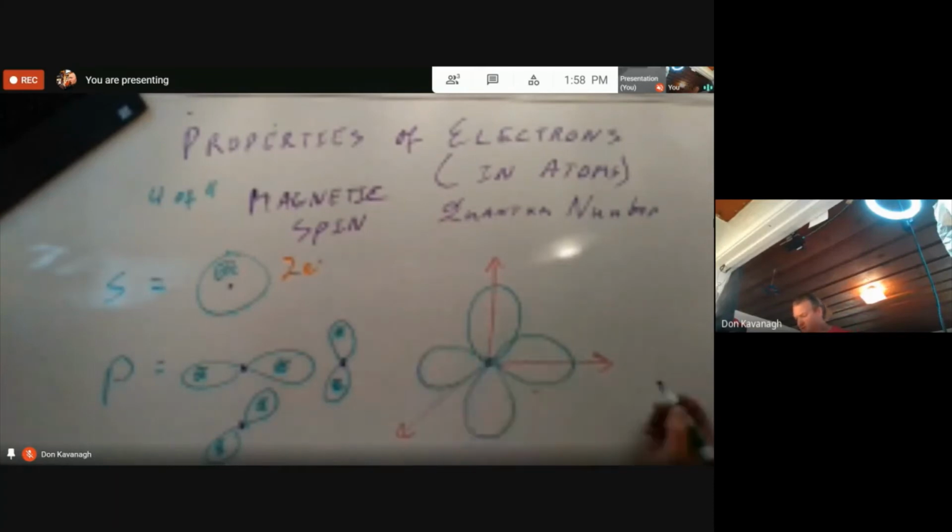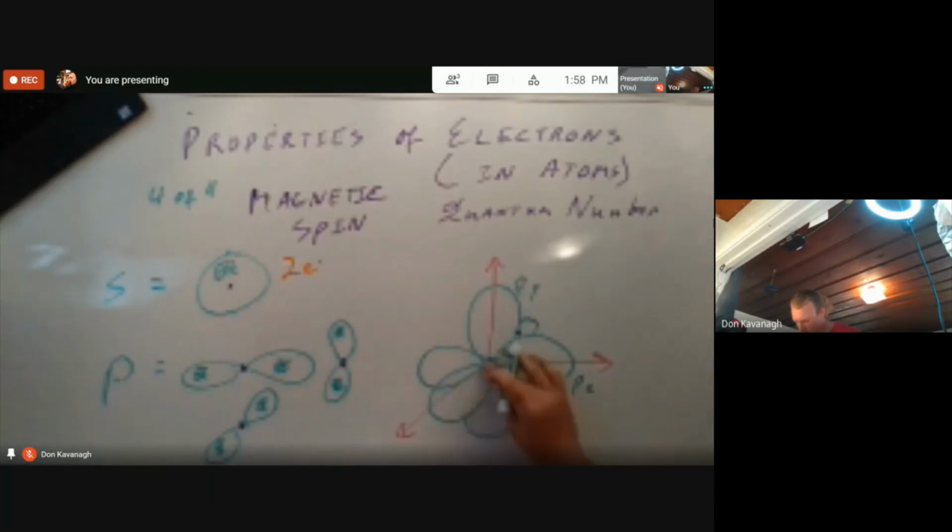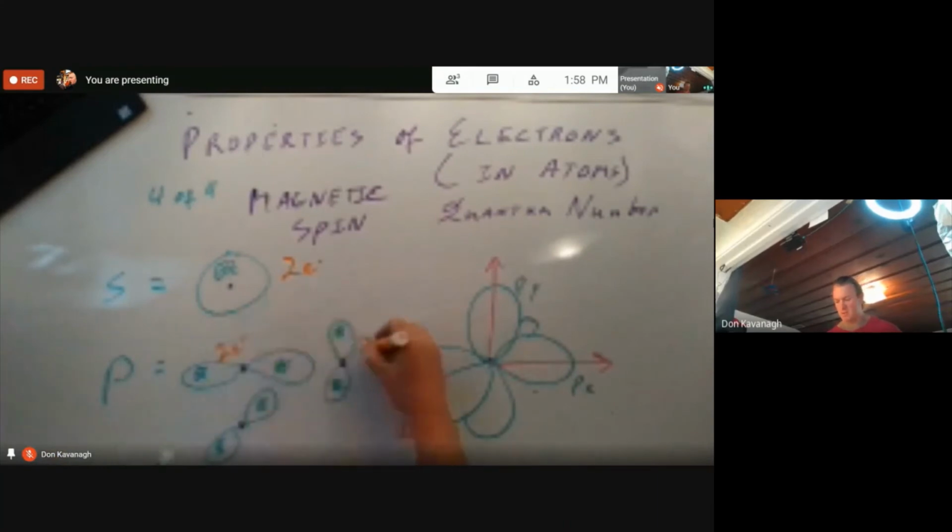Here is the X. And the Z is coming in and out of the board. The maximum number of electrons that can fit inside any one of these orbitals is two. So 2 electrons plus 2 electrons plus 2 electrons.